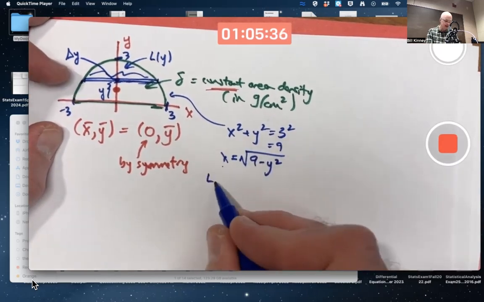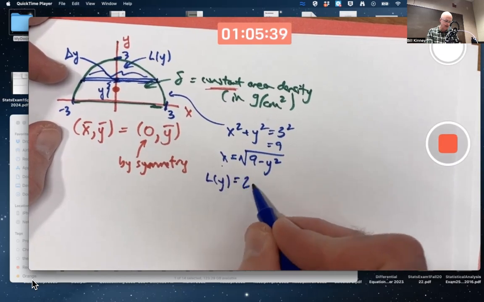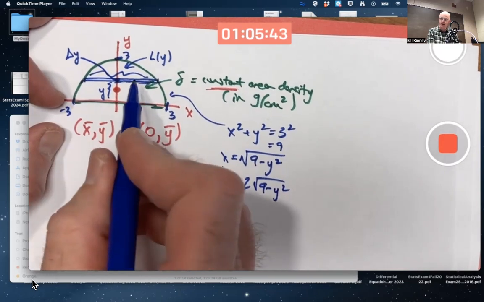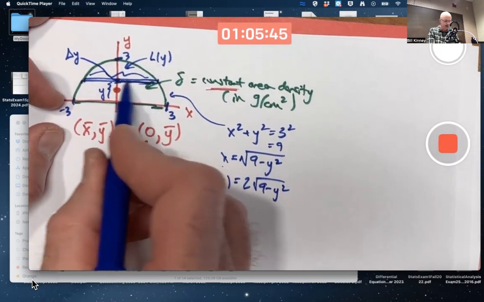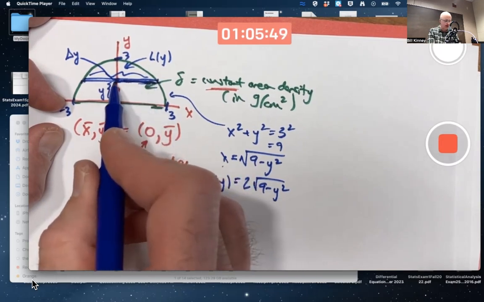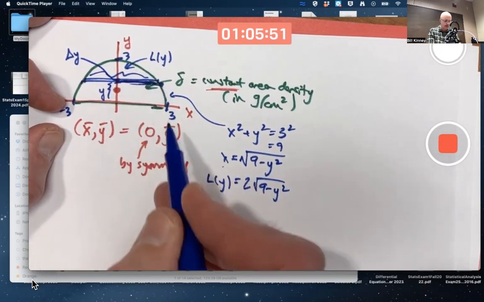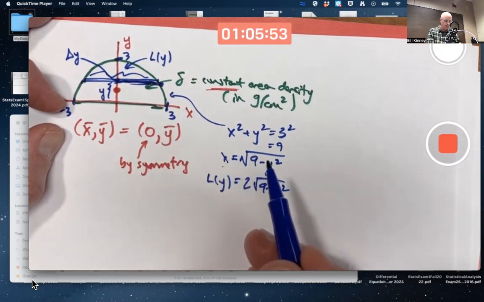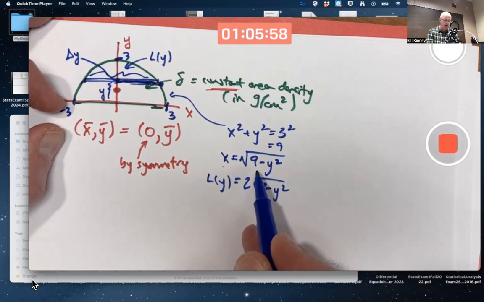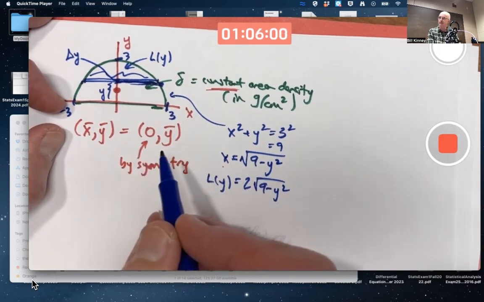And L, as a function of y, will be 2 times that, because it's twice as long. This distance right there is the square root for a given value of y. That distance is the first coordinate of that point, which is what you get when you solve for x as a function of y here. You got to double it to get the entire length.